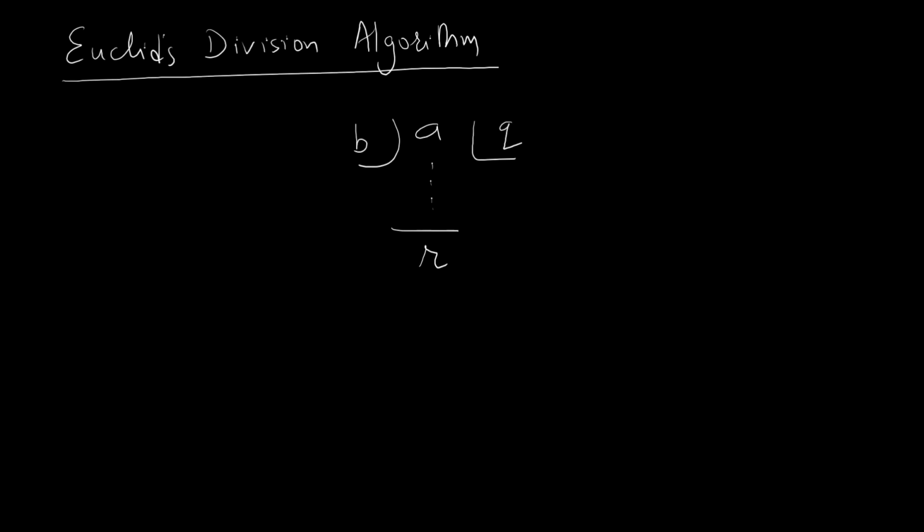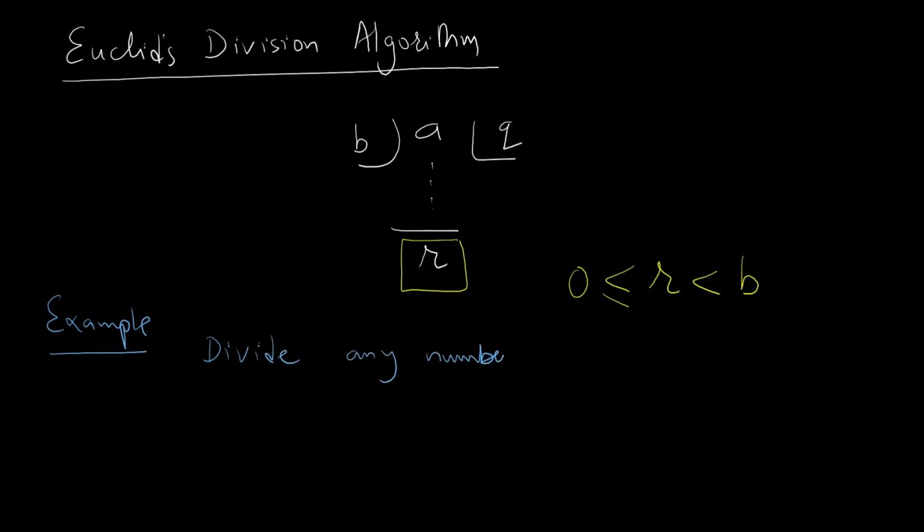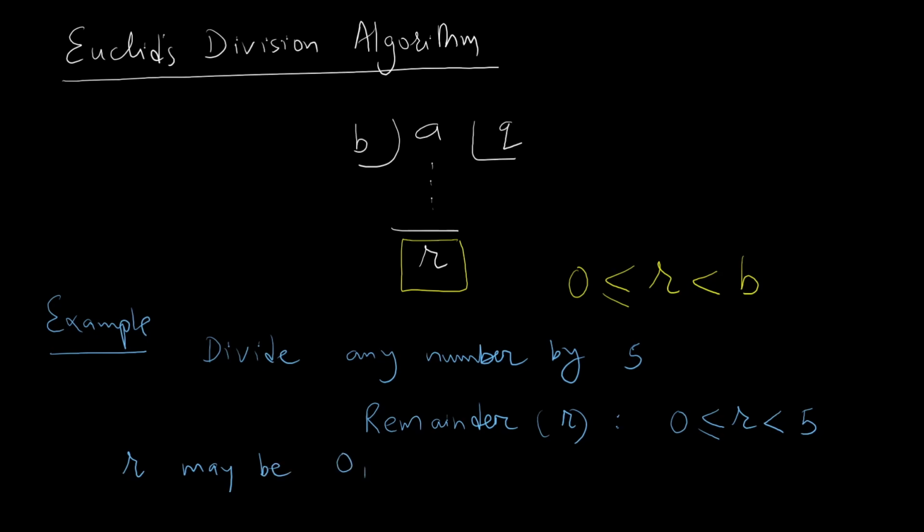Euclid's division algorithm says that the remainder r is always greater than or equal to 0 and less than b. For example, if you divide any number by 5, the remainder can be either 0, 1, 2, 3 or 4. Remainder cannot be anything else apart from 0, 1, 2, 3 and 4.